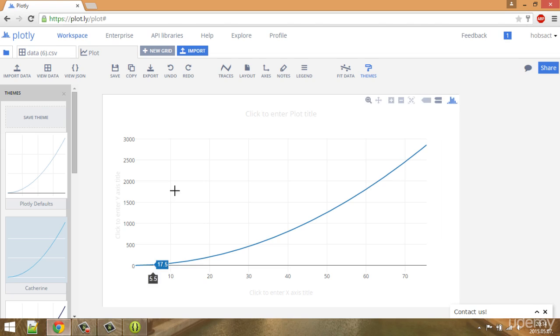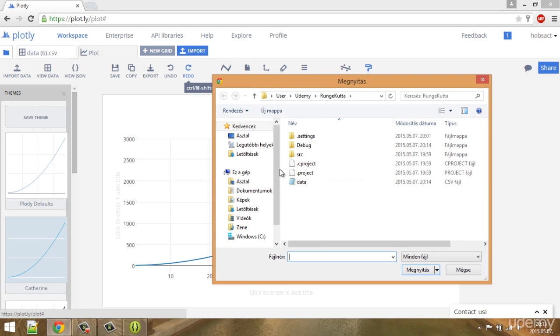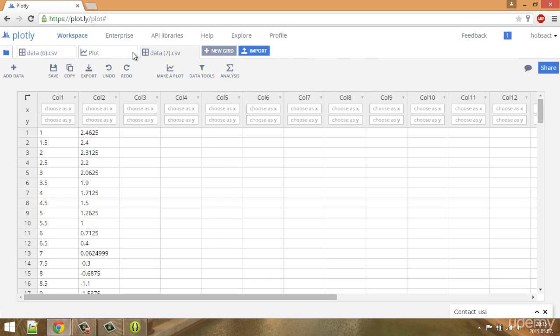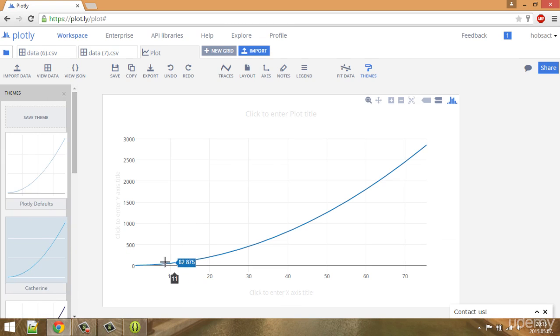Okay, I'm going to import a file with data. The slope is going to be x and y, and I have to plot it. Yeah, it's going to be the same, but the slope is not going to be as steep as before.